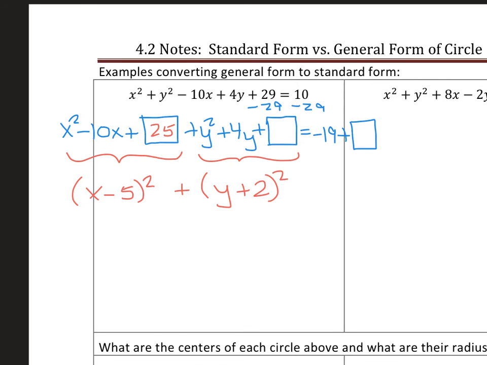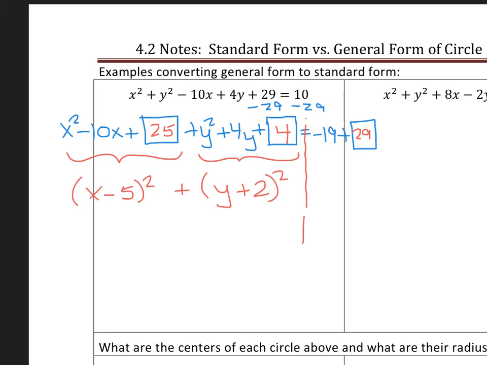And when I square that 2, I end up with 4. So I'm adding, if I look here as a balanced scale, right over this equal sign, I'm adding 29 units to the left. I can't randomly add anything to one side of an equation and still maintain balance or equality. So if I add that 29 on the left side of this equation, I have to add that 29 to the right side of the equation.